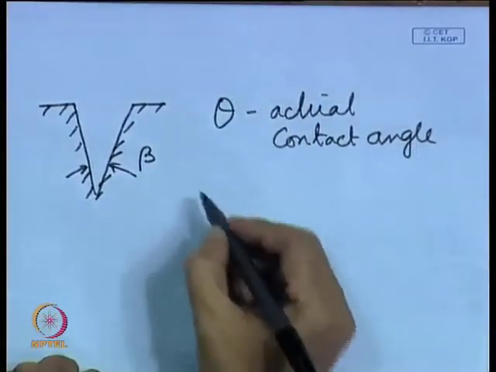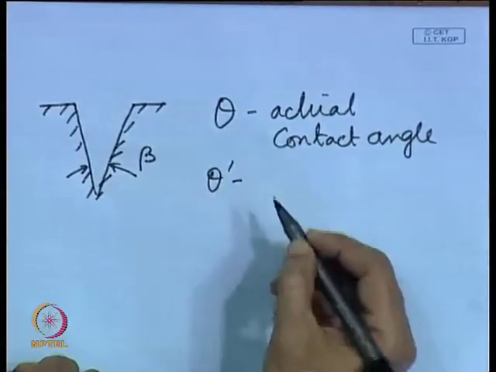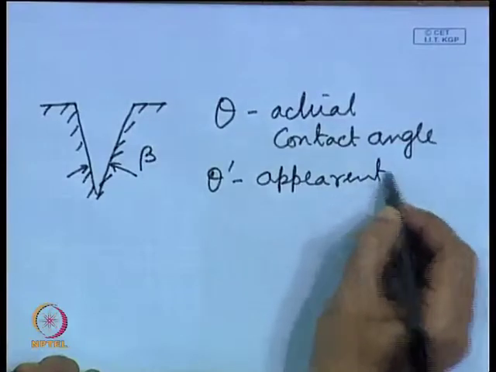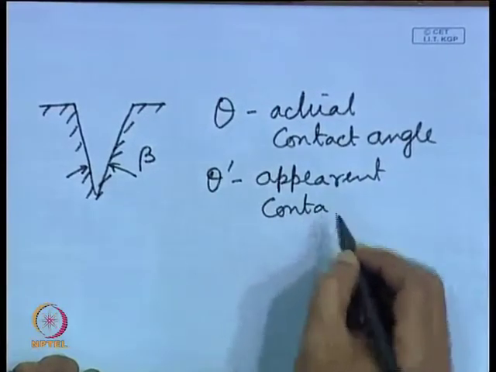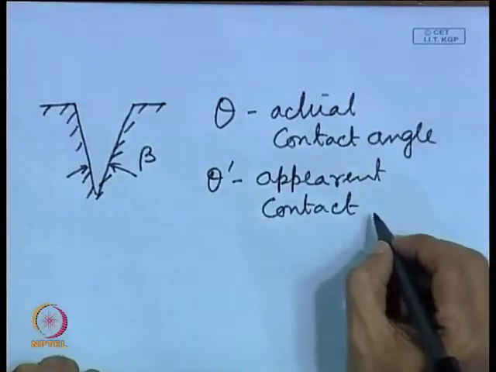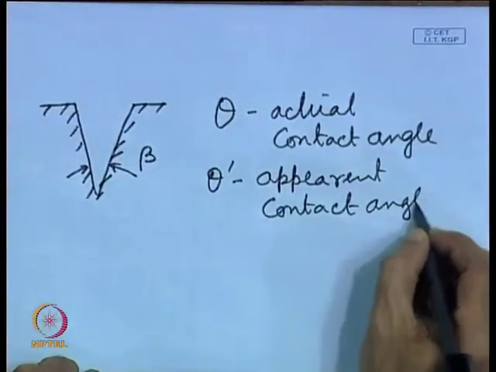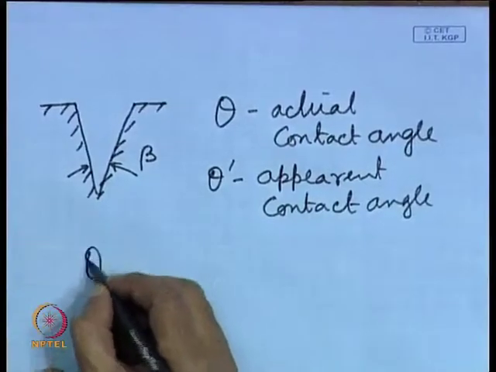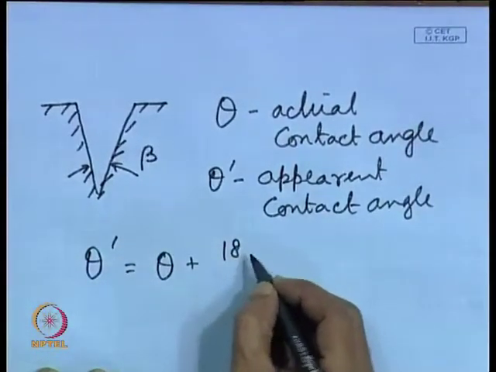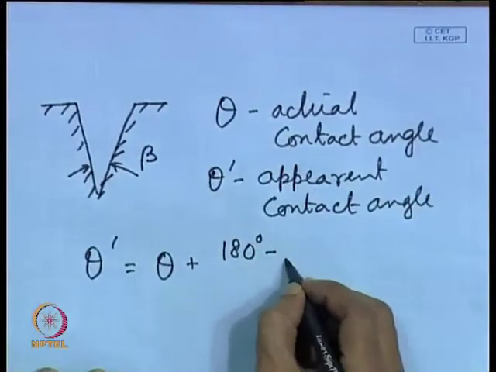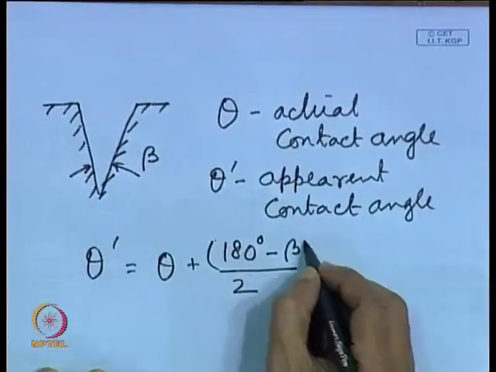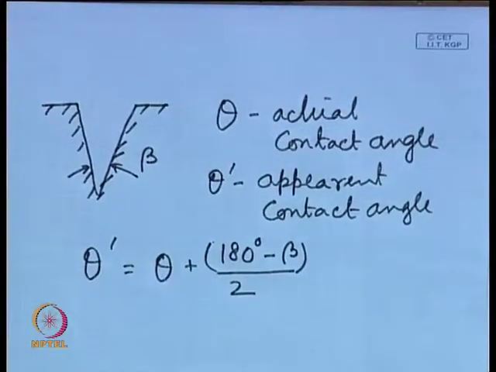Then we have theta dashed, that is the apparent contact angle. Obviously, theta and theta dashed are related through beta. The relationship will be theta dashed is equal to theta plus 180 degree minus beta by 2. All the angles are measured in degrees.